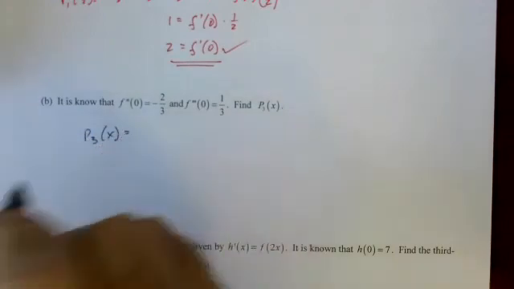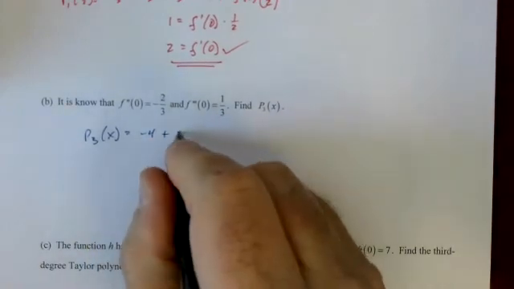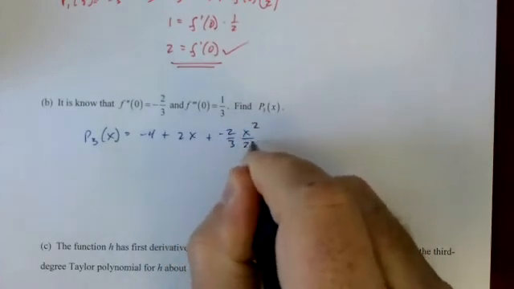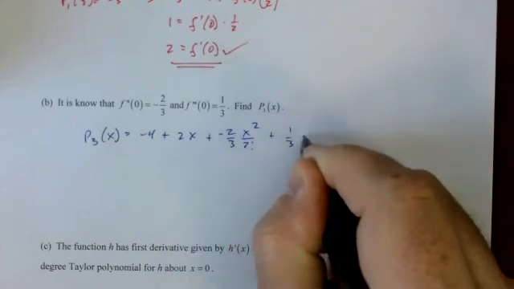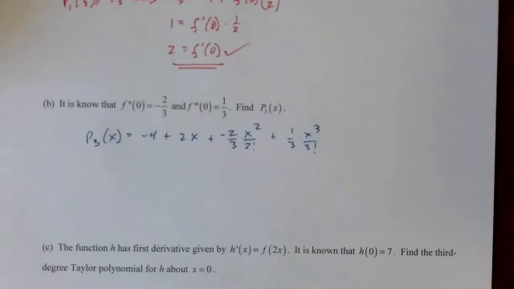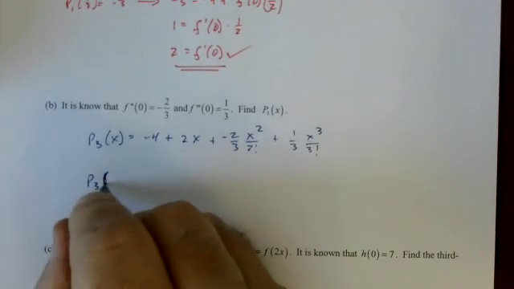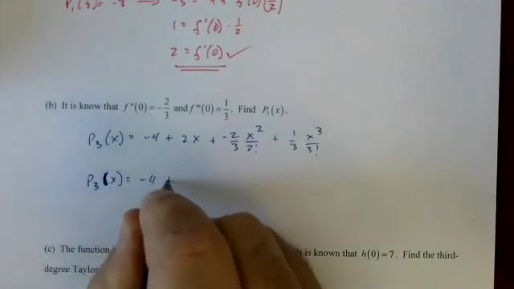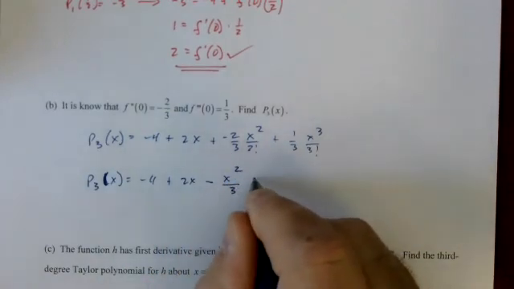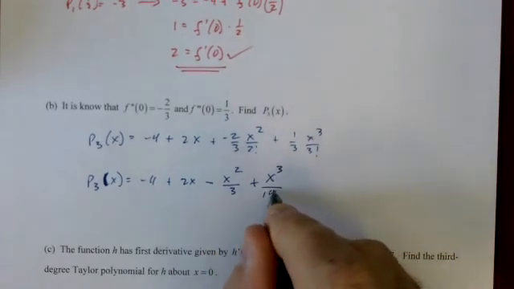P3 of x equals -4 plus 2x plus -2/3 x squared over 2 factorial plus 1/3 x to the third over 3 factorial. That is technically done. But hey, I can't help myself. P3 of x equals -4 plus 2x minus x squared over 3 plus x to the third over 18.